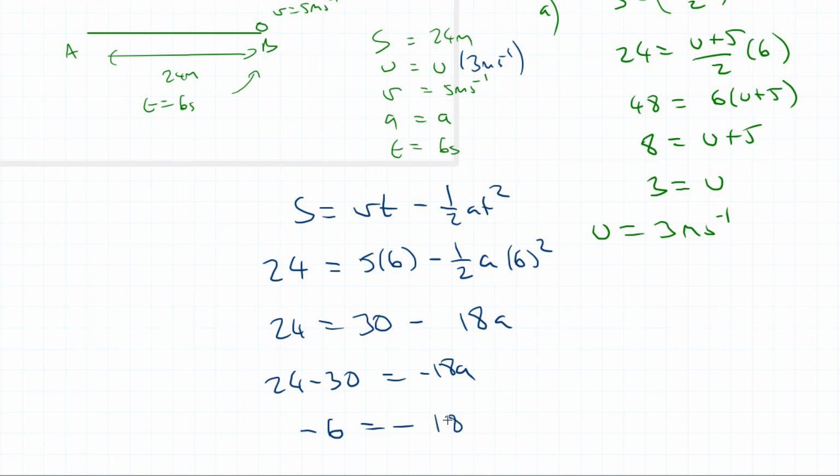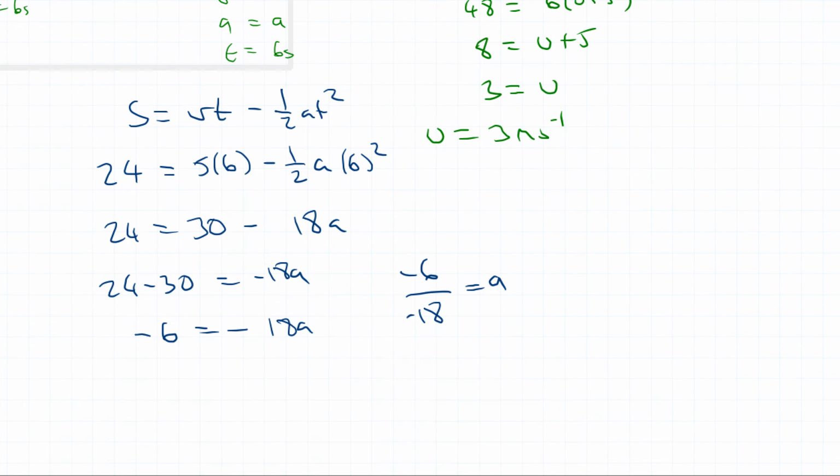And then, no sorry, it's going to be minus 6 divided by minus 18 is equal to a. And therefore minus 6 divided by minus 18 is the same as 6 divided by 18, which means a is equal to a third.